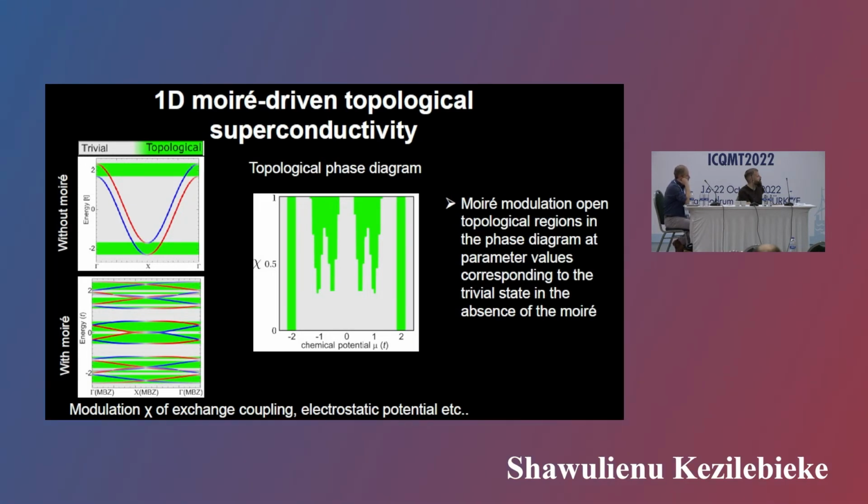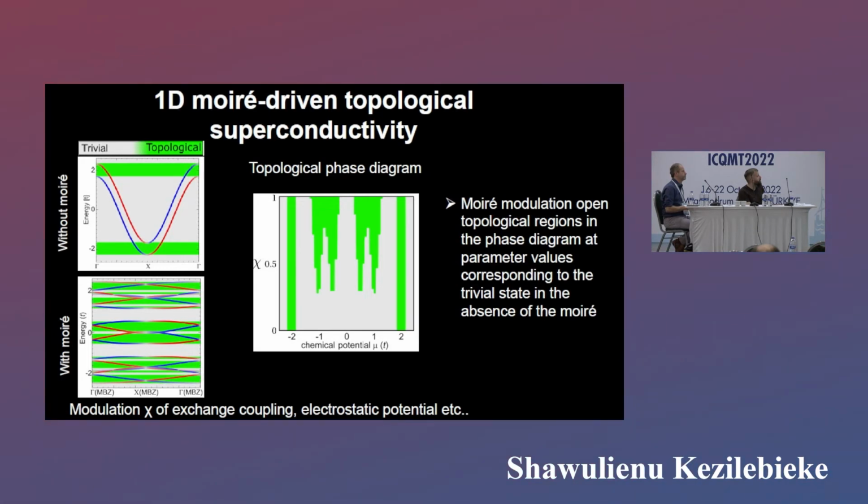Now, if you apply some sort of moire modulation, this modulation can be an electrostatic modulation between the two different materials, or an exchange coupling modulation. This exchange coupling comes from the superconductor and the magnetic layer on top. If you turn this on, as I said, it folds your band and opens the mini moire band.